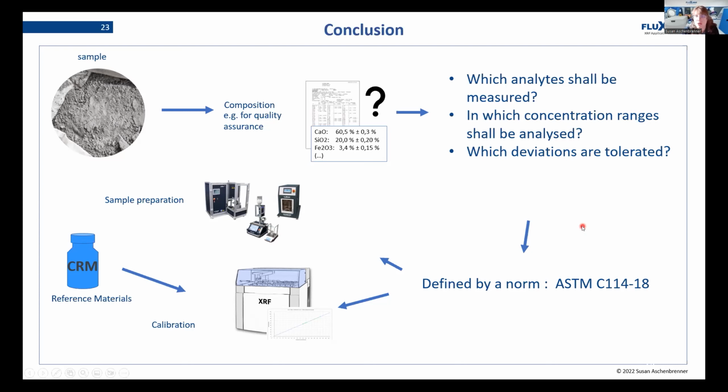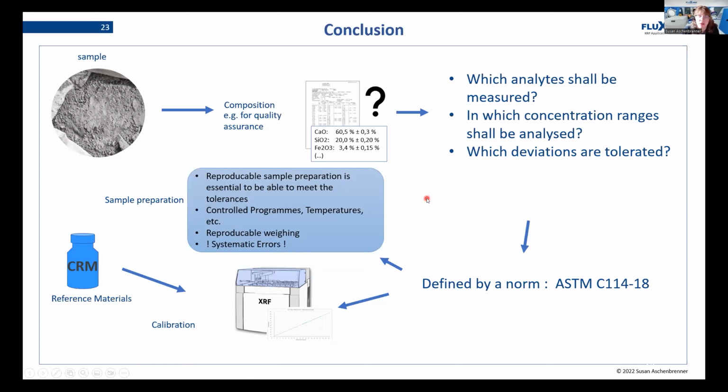And I also showed you that for sample preparation and calibration, the norm gives a lot of freedom, which is not bad because you can decide a lot by yourself. But what do you have to decide? In terms of sample preparation, you need a reproducible sample preparation because for some elements you are having kind of narrow tolerances.